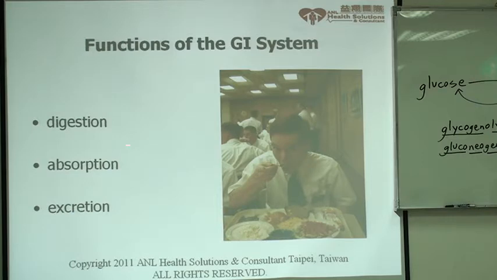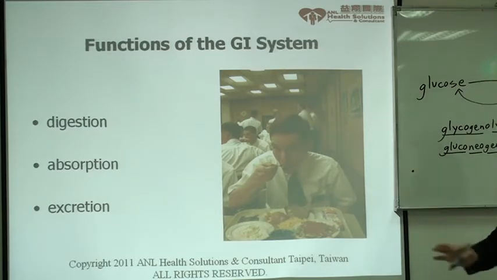Second function is the absorption of the products of digestion into the blood. The food that we eat will go into your blood. And lastly, excretion of the unabsorbed material. Not everything that you eat will be absorbed, so those that cannot be absorbed will be put out.